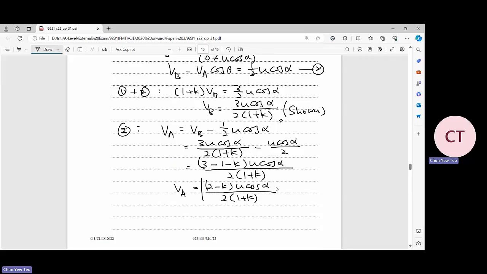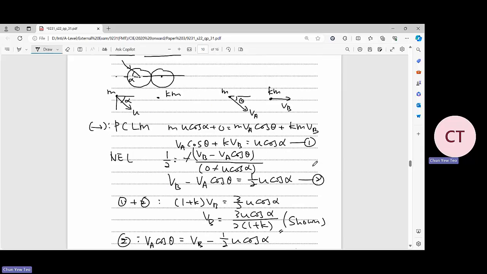You can see that the mark scheme puts the modulus on that, because they're talking about speed and we do not know whether the sign has changed or not. Sorry, this is not va, I read wrongly. It's supposed to be va cos theta only.